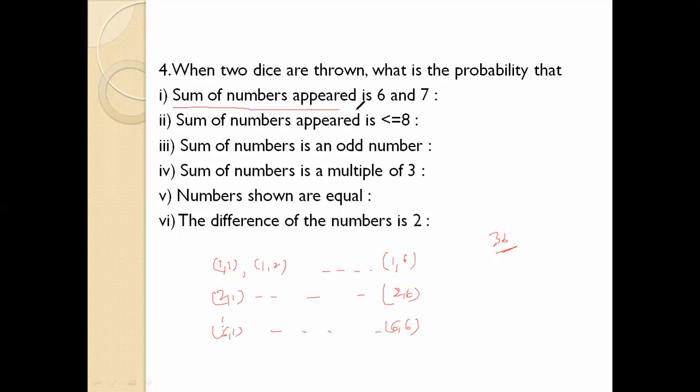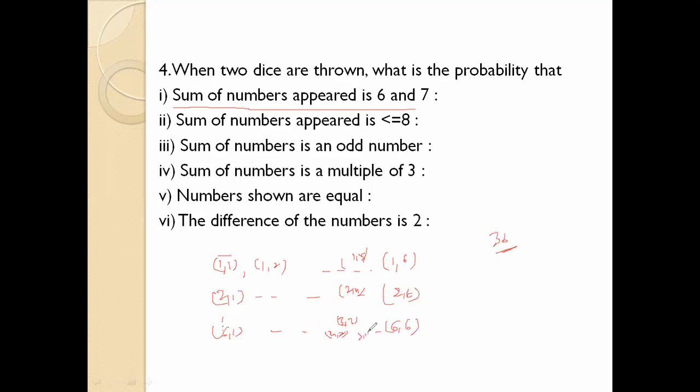The sum of numbers appearing is 6 or 7. Sum of numbers means adding these 2, 1 plus 2, like this. The sum 6 cases are 1 comma 5, 2 comma 4, 3 comma 3, 4 comma 2, 5 comma 1.